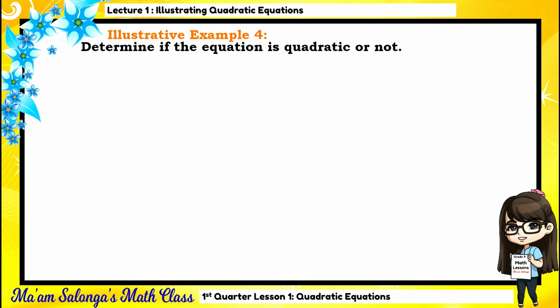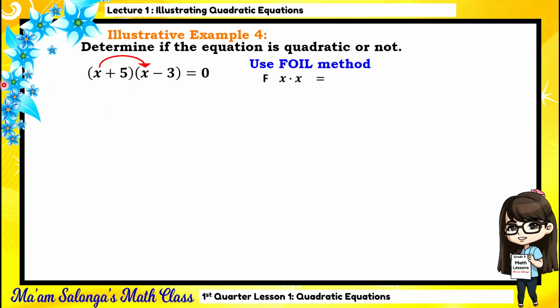Illustrative example number 4. Given, the product of x plus 5 and x plus 3 is equal to 0. To rewrite it in standard form, we need to apply some methods in multiplying polynomials. And since the given are two binomials, then we will use the FOIL method.